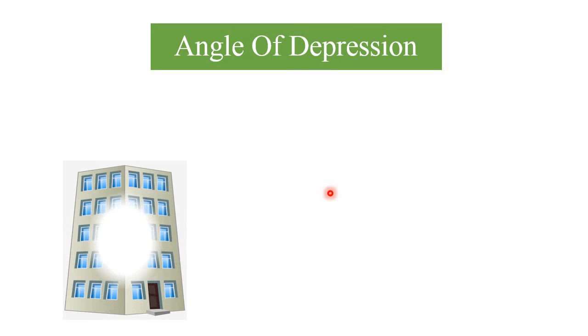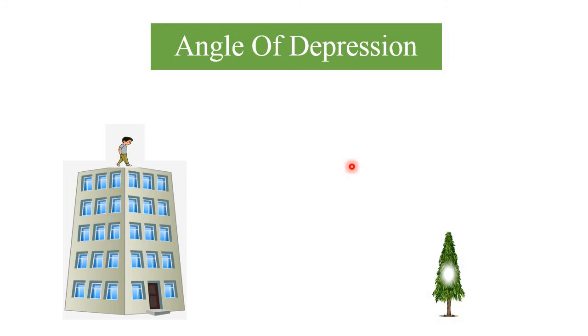Then what is angle of depression? See, this is the building. On this building, a person is observing the objects which are on the ground. See, the person is observing the foot of the tree. This is called line of sight.